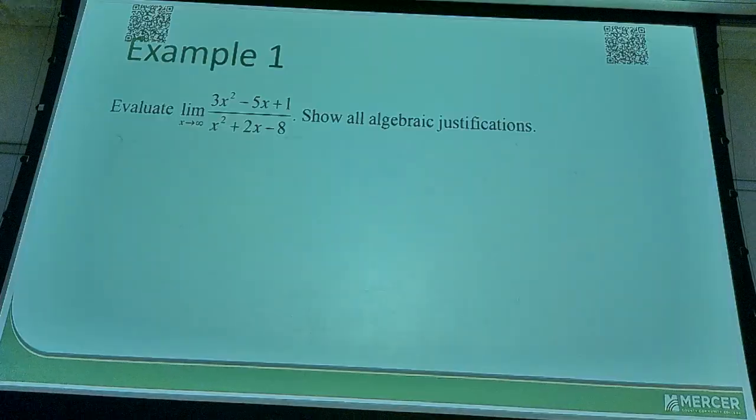You spend 5 trillion. Does your bank account even notice? No. Add 1. That 3x squared is dominating. By the way, the same argument is going to show that the x squared in the denominator is dominated. We should get 3 for this limit.